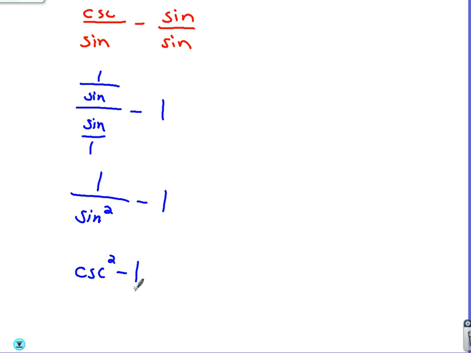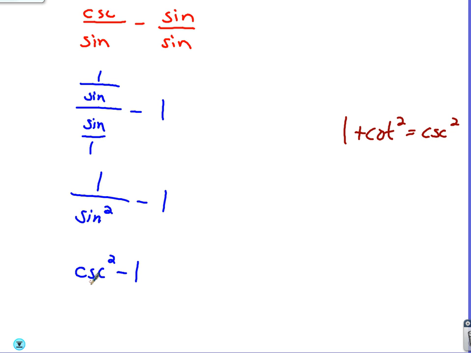Anytime you have a squared function, and then plus 1 or minus 1, there's a good possibility you can use your Pythagorean identities. Which Pythagorean identity, look on your notes, involves cosecant squared? 1 plus cotangent squared equals cosecant squared, right?